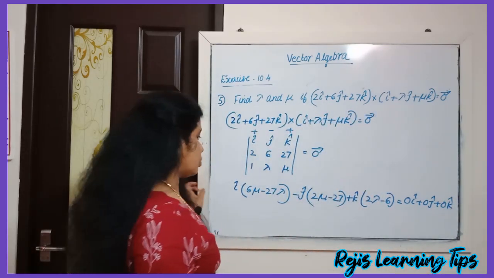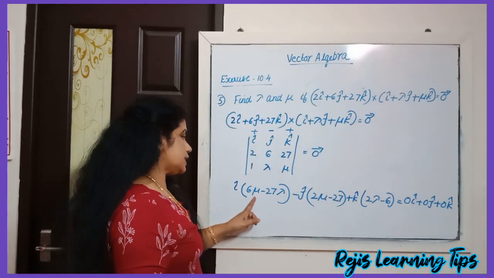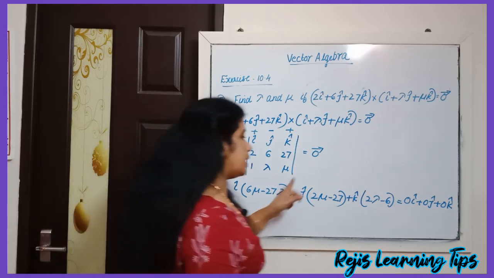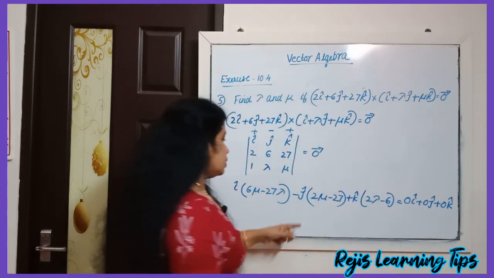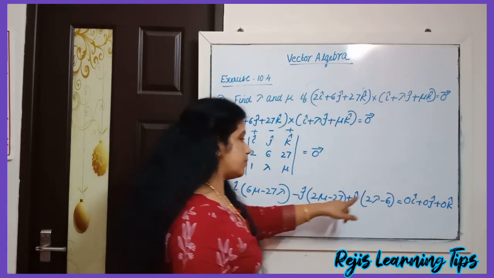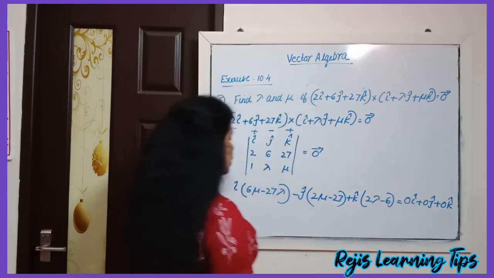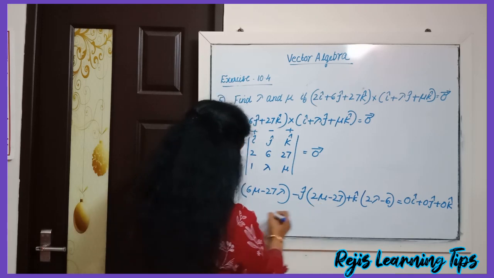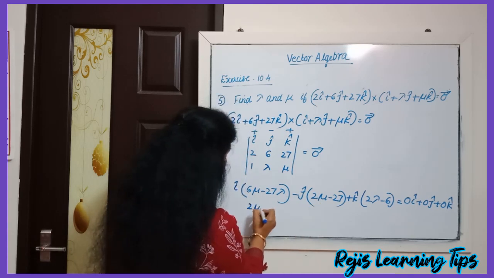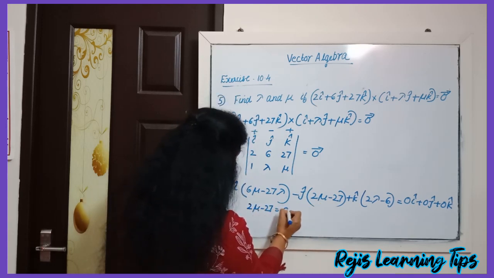Then we equate: 6 mu minus 27 lambda is equal to 0, 2 mu minus 27 is equal to 0, and 2 lambda minus 6 is equal to 0.